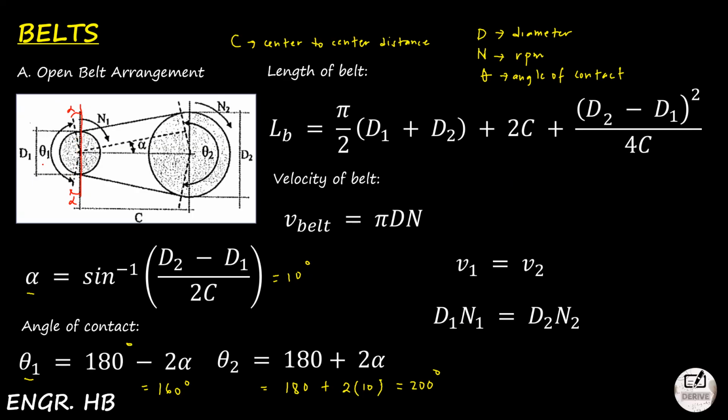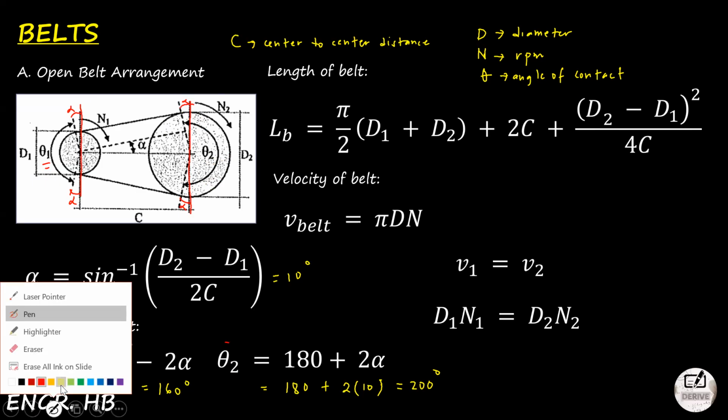Of course, that will be your theta 1. And itong alpha na yan, of course, same yan dito. And this formula was derived from that. Tapos, ito naman, halata naman na ito yung 180 degrees nung larger pulley, and of course, this is your sine alpha. So the angle of contact of your larger diameter will be 180 plus twice nung alpha. Okay.